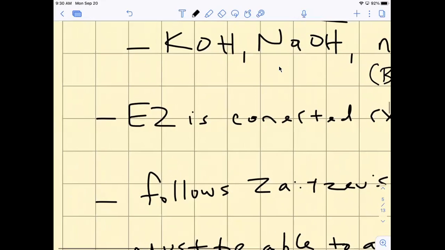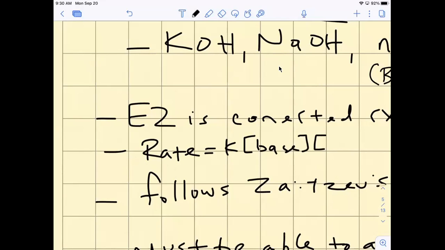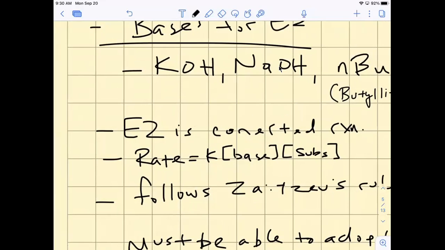One thing I didn't give you up here is the rate law. Of course, it's the 2, just like SN2 is bimolecular. So it's the base concentration and then the substrate concentration. Right, so it's a second order rate law, just like the SN2. So whatever you change about the base or the substrate is going to affect the overall rate.